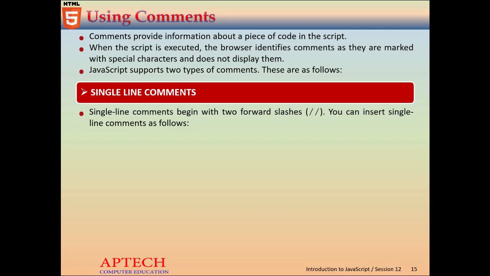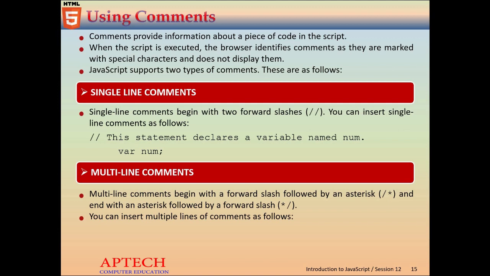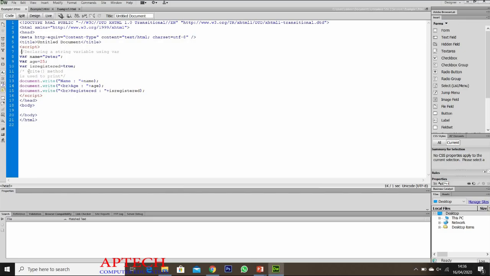You write your comment and the comment won't execute. So the browser identifies that comment and marks it as a comment. For the multiple line comment, you can use forward slash, asterisk, and to end the comment you can use asterisk forward slash. So you can see I have used the multiple line comment.